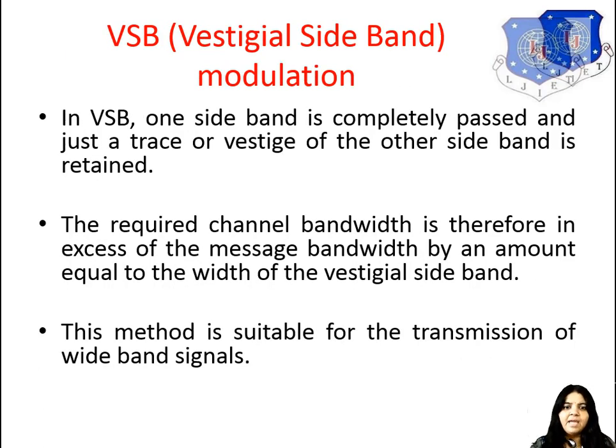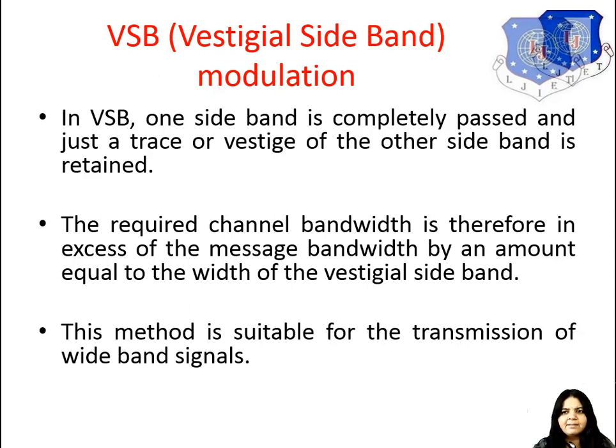Next is VSB, vestigial sideband modulation. This vestigial sideband modulation is used for the transmission of television signals. Now what is the meaning of this? In it, one sideband is completely passed and just a trace, or vestige, of the other sideband is retained.